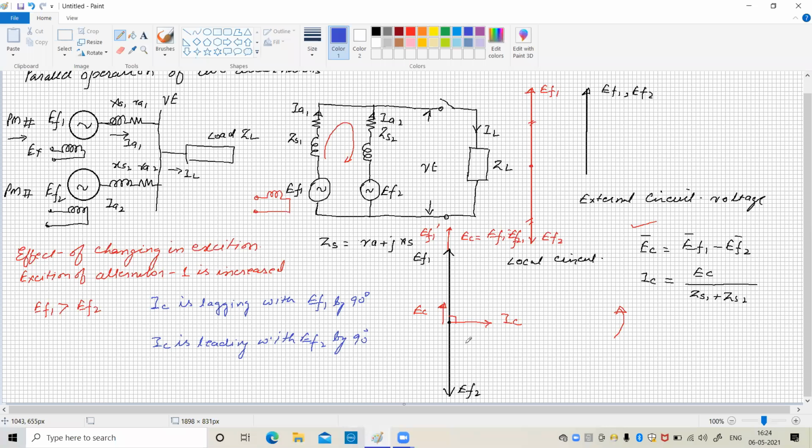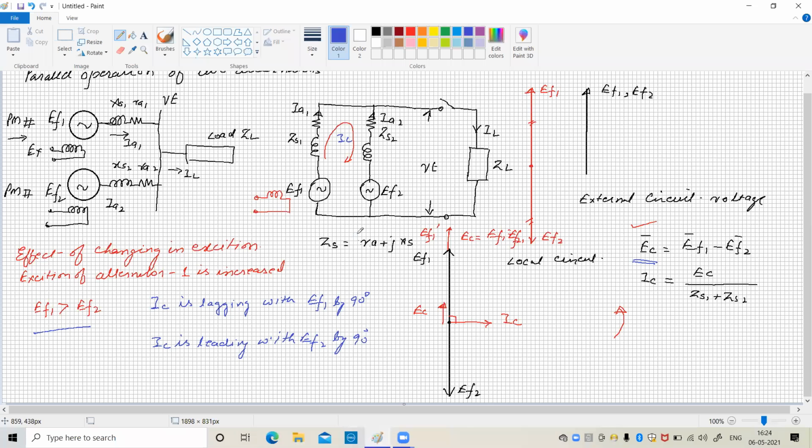But in the local circuit, both voltages are opposite to each other, so the circulating voltage is zero and there is no circulating current. But as soon as we increase the excitation of one of the alternators, say alternator 1, the magnitude of EF1 becomes greater than EF2, and because of this, a circulating voltage comes into the local circuit and it will circulate the current IC.